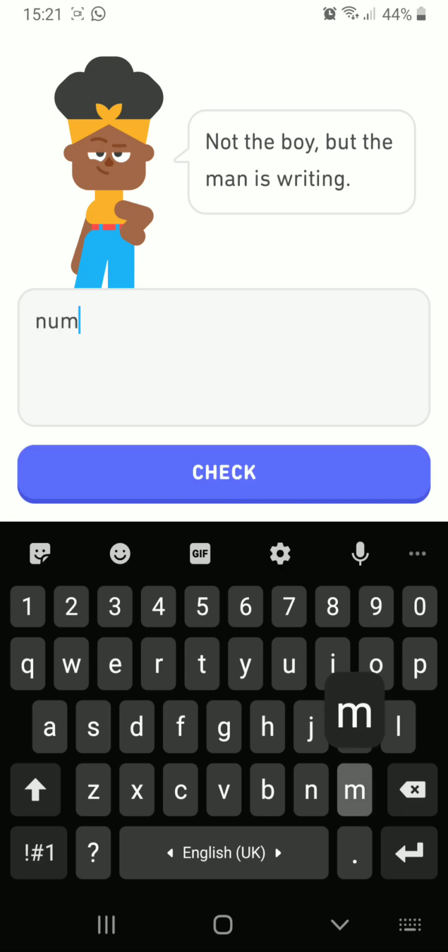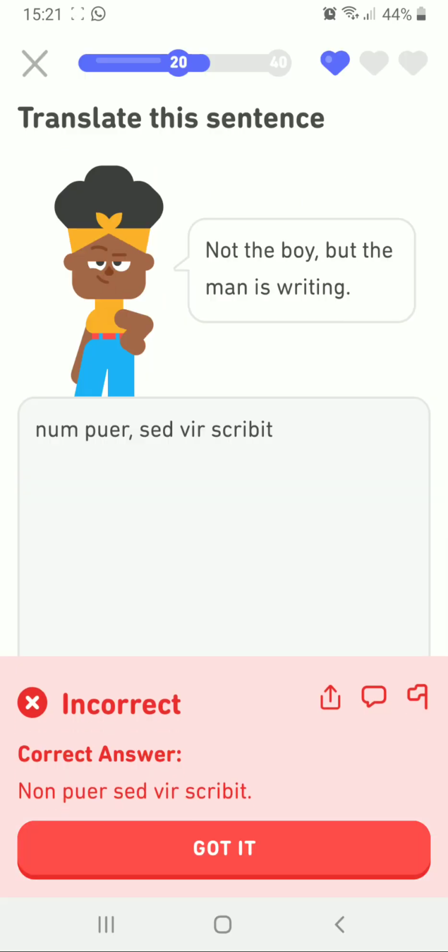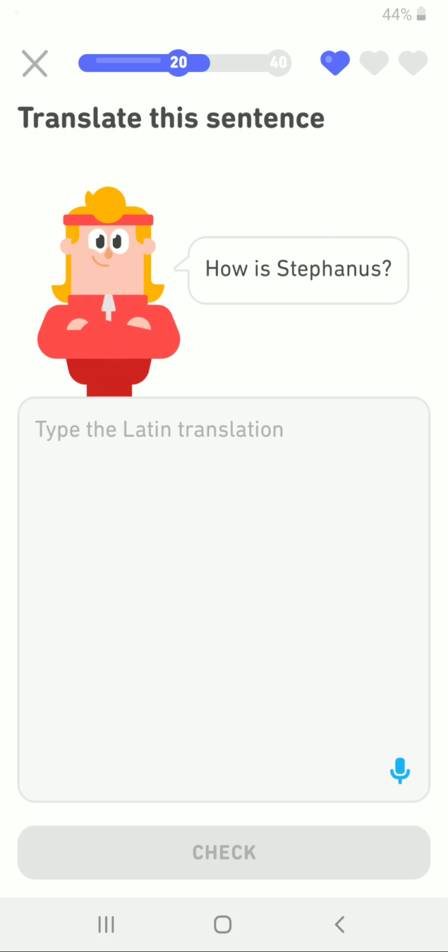Maybe I can try num puer, but this is very risky. Sed vir scribit. Non puer, sed. So it's not num. It is non.